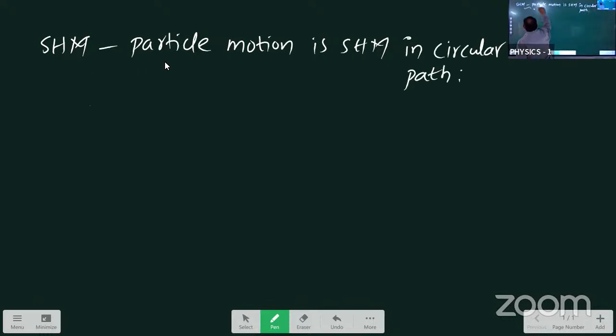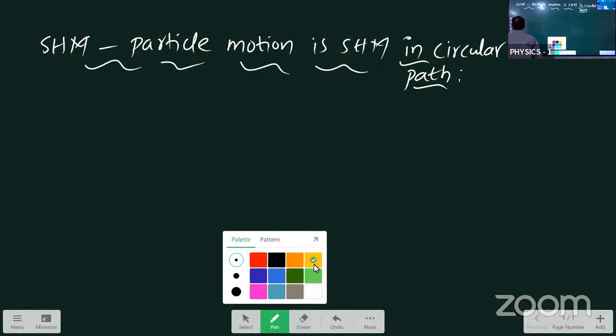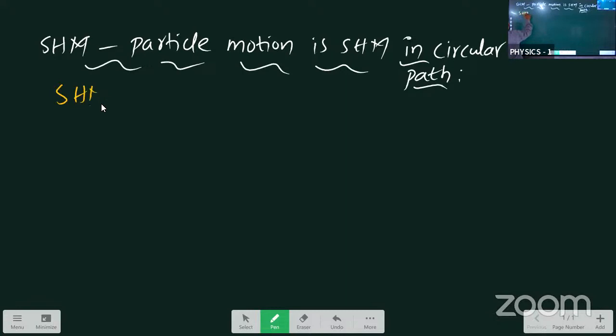So, students, focus on the fourth LAQ, SHM, simple harmonic motion. Simple harmonic motion means periodic motion.